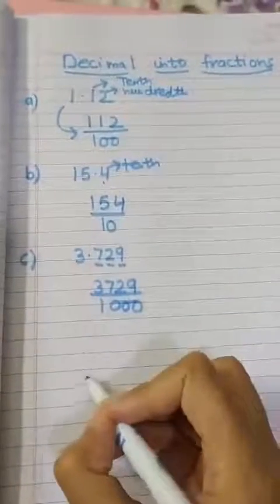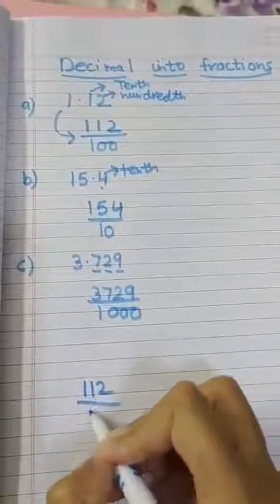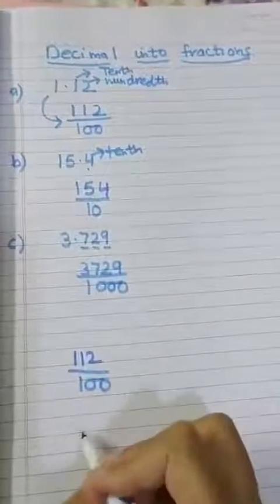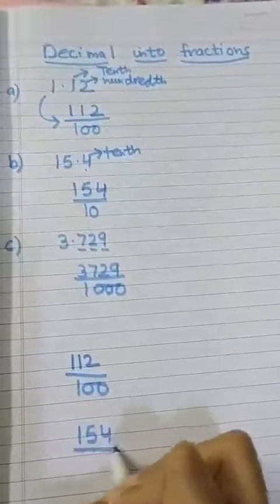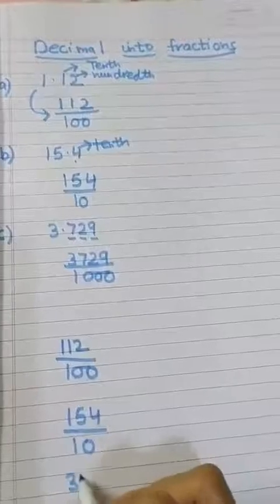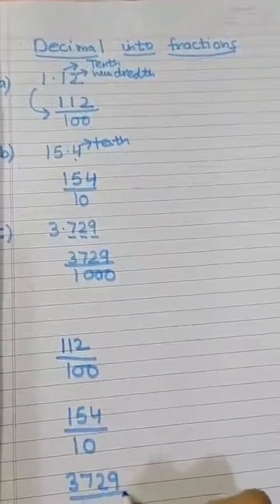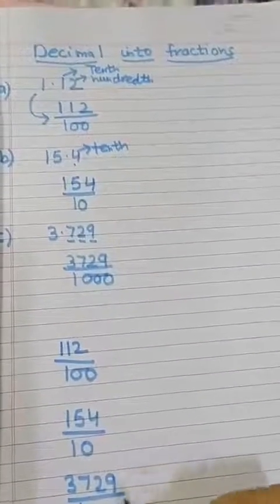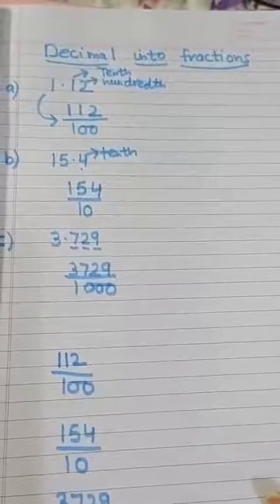Now we can see that 112 upon 100, 154 upon 10, and 3729 upon 1000, all these are decimal fractions.